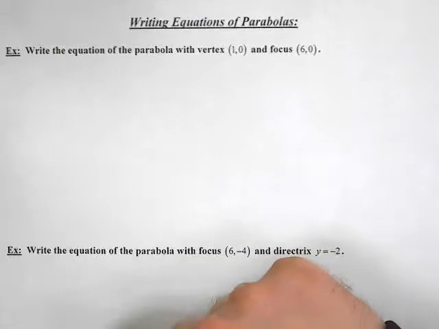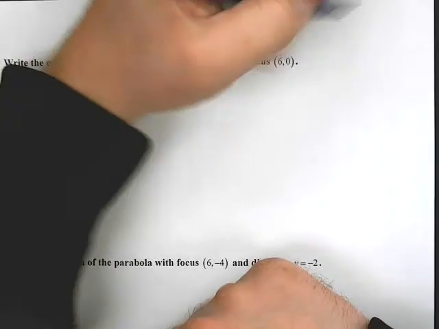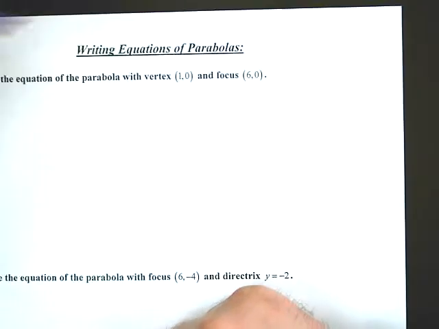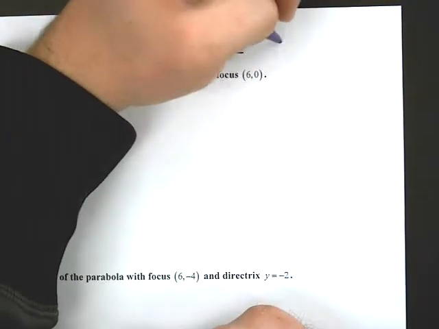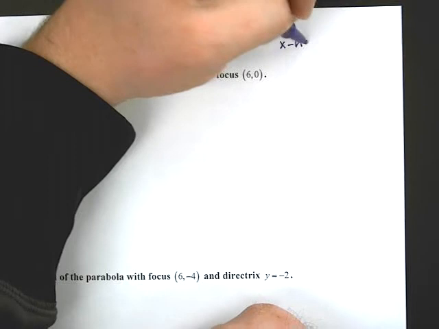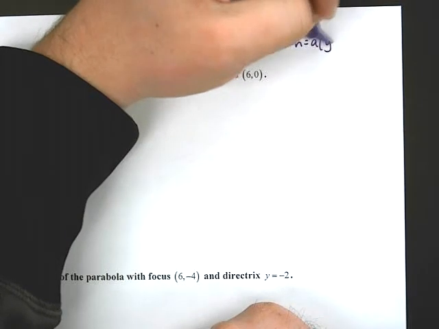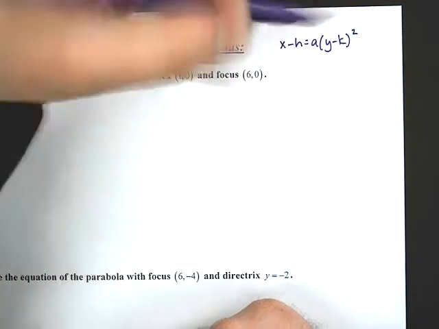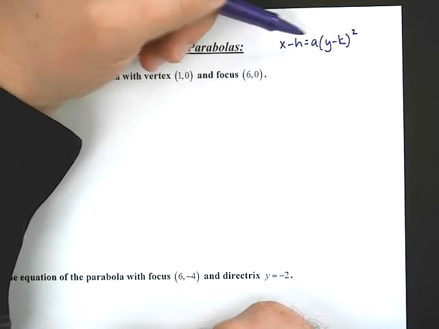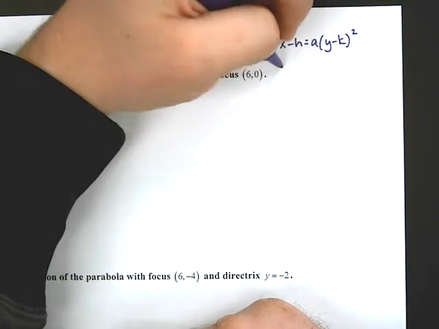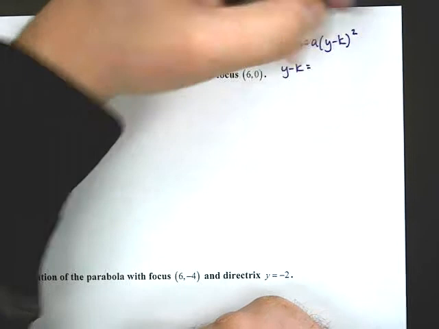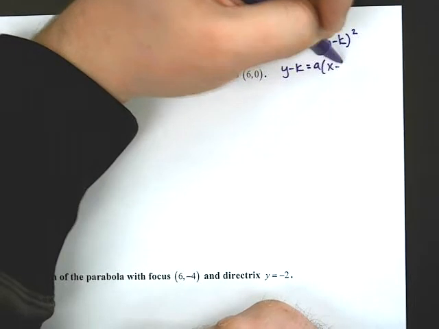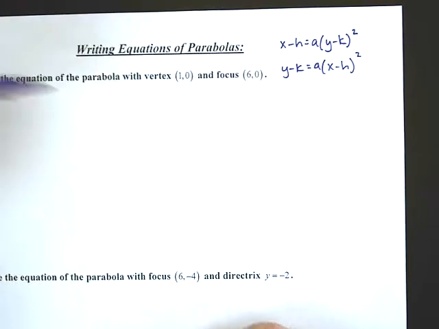So, if we think about this, we remember we have two different possibilities. We can either have a parabola that opens left and right, or a parabola that opens up or down.